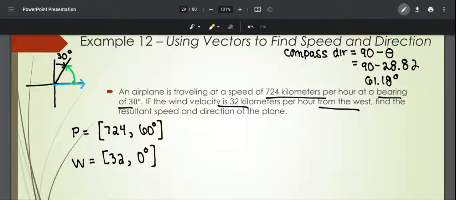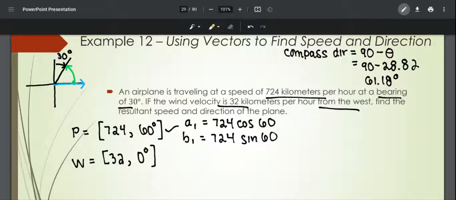We want to add these together, but remember, to add them together, we need to be in component form. So we have to find our components. Our first component, our A1, we do magnitude, so 724 cosine of theta of 60, and our B1 component will be 724 sine 60.